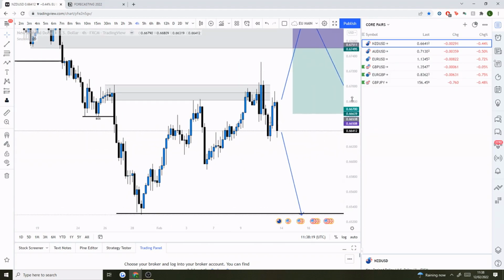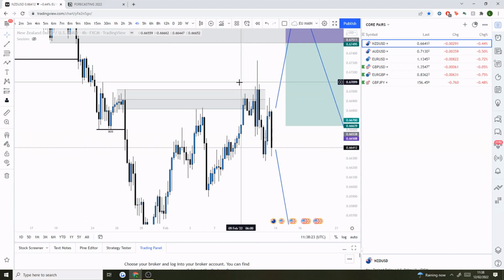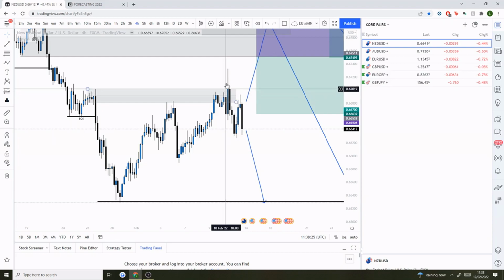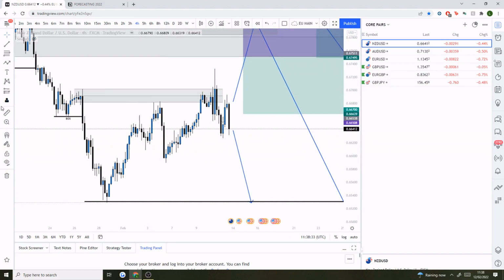Now, what we've seen is that price has actually respected this order block and it's failed to go above it, and we're now seeing the bearish momentum kicking in and the sell volume coming into the market. So considering that, I do think it's definitely a possibility that price isn't going to come up to these daily areas and it's just going to now continue away from this 4 hour order block to then break structure again on the daily, moving away from this area here.